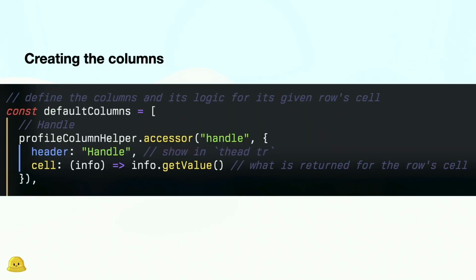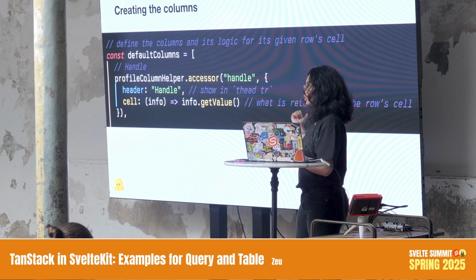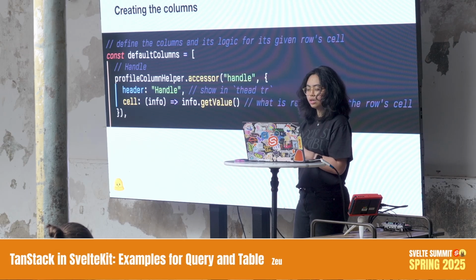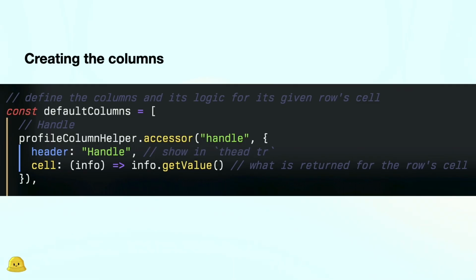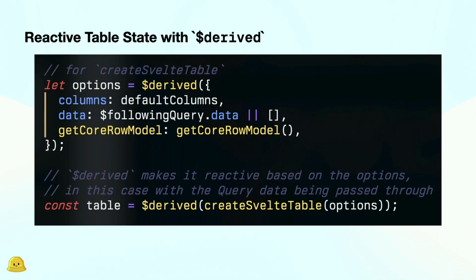You can see here, we just want to access the handle. We're going to give it a header of handle. That's what we're going to use to identify the column. We're going to show it as a thead tr tag later on. And then for each cell, so for each row and that column, we're just going to return the handle, right?